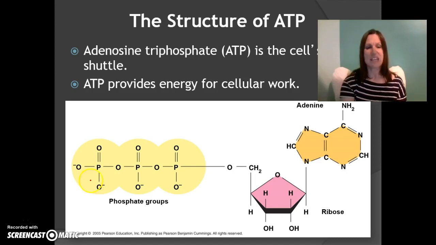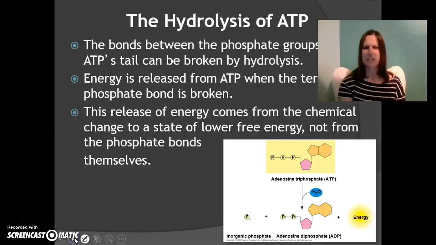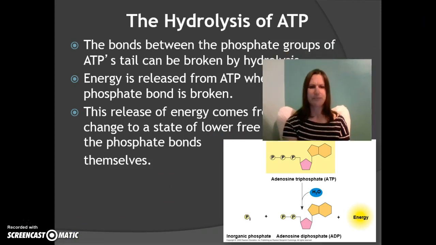So what we see here is that we have a lot of available energy because they are trying to get away. Okay? Very important because we're going to talk about where the energy comes from when we break down ATP. So I might be coming back to that slide because I like it better than this one a little bit.